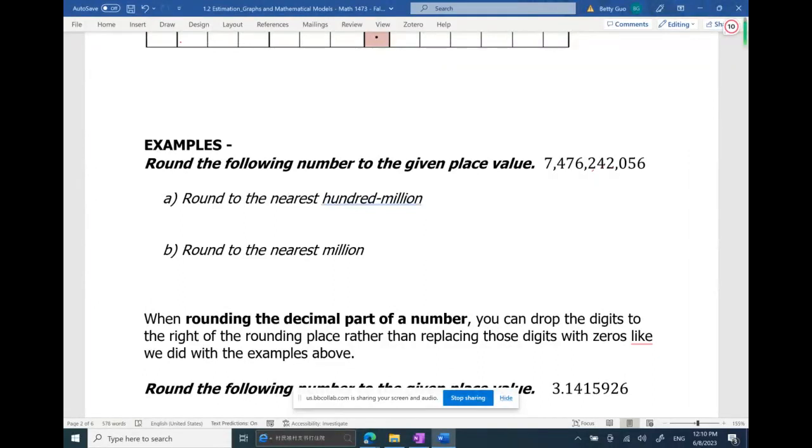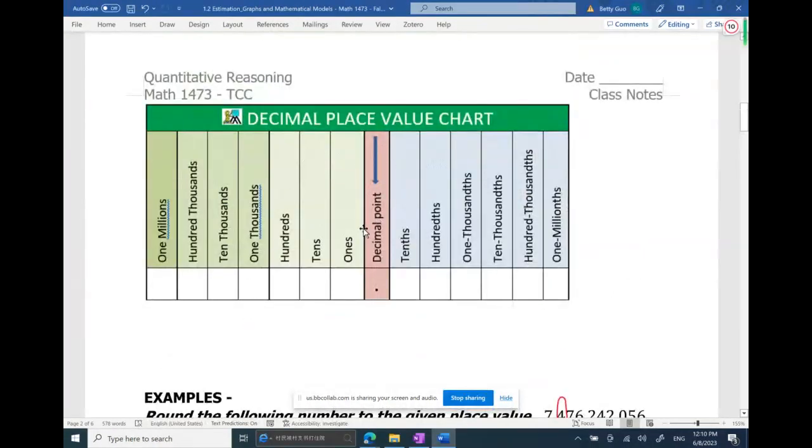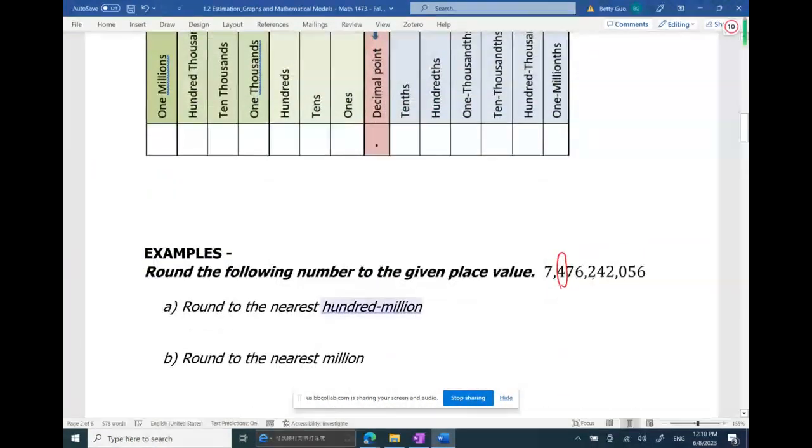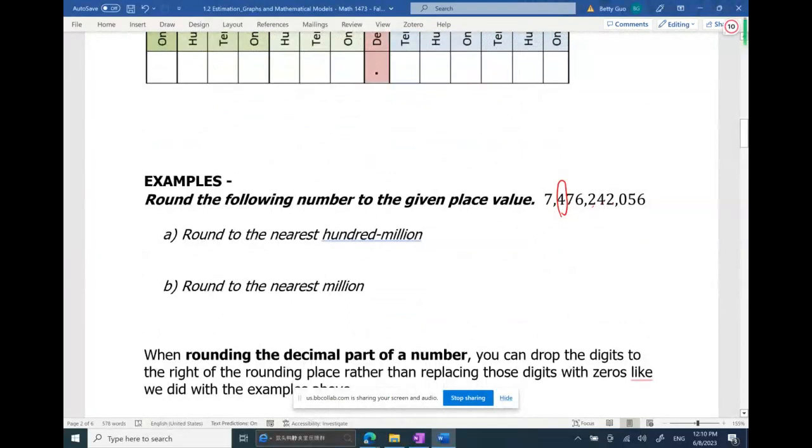This is a million, 10 million, 100 million. 100 million is digit 4's place value. As you can see, the place value of digit 4 in this number is 100 million. So the rounding is going to take place at that digit.